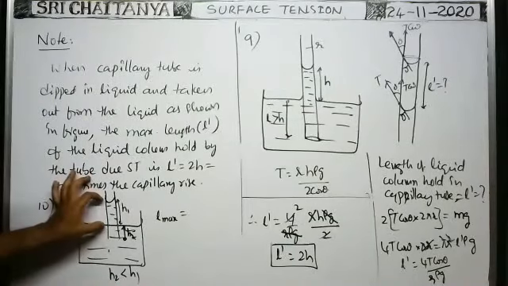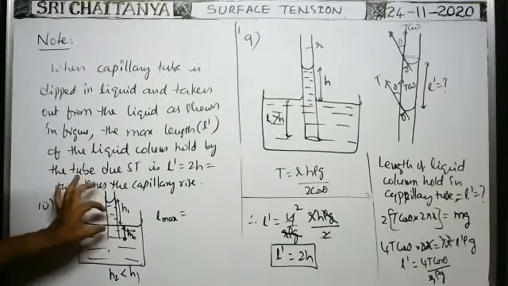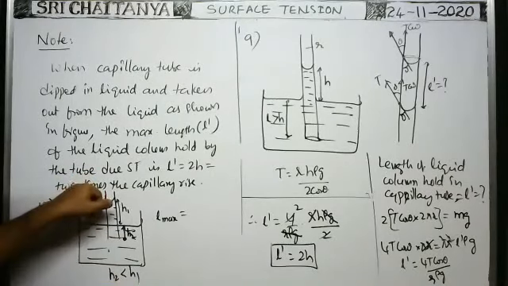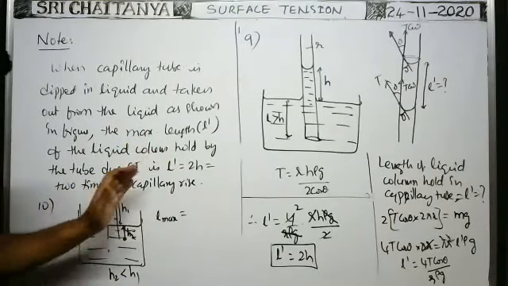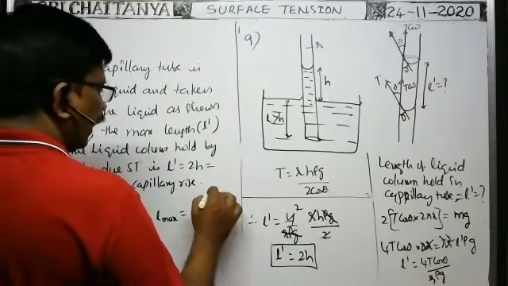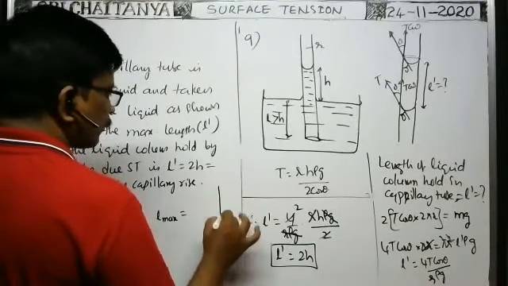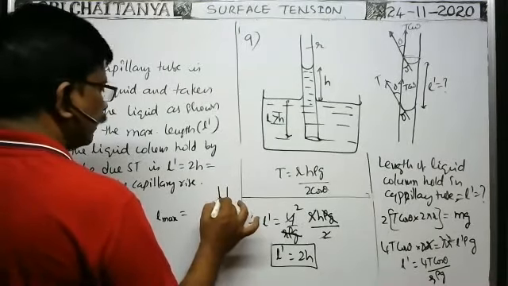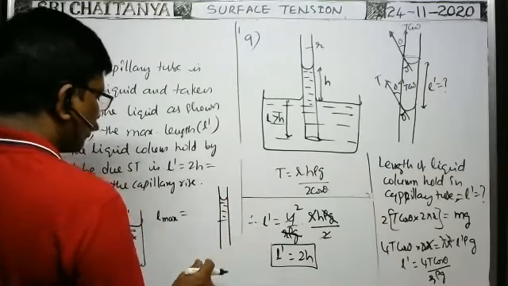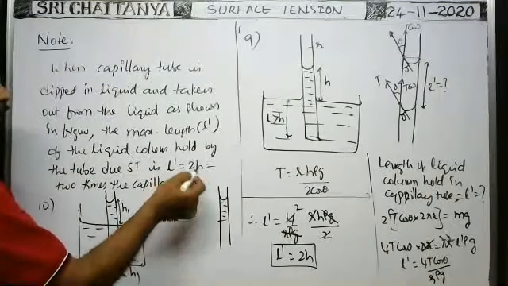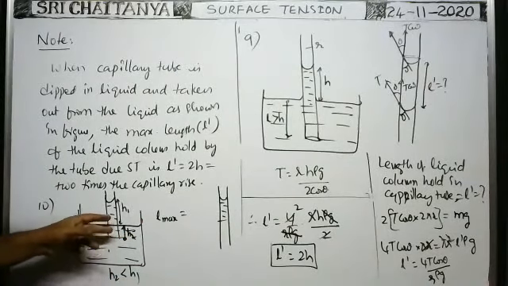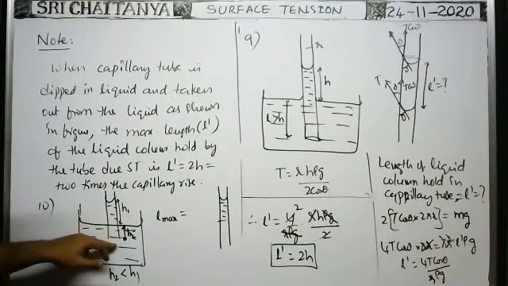Here the capillary rise is H1 and the length of the capillary tube inside the liquid is H2, where H2 is less than H1. When the capillary tube is removed from the beaker and held vertically like this, that H1 length remains here. Actually, the maximum length that can be held is equal to twice the capillary rise. But here, the capillary tube of length H2, which is less than H1, is in the liquid.